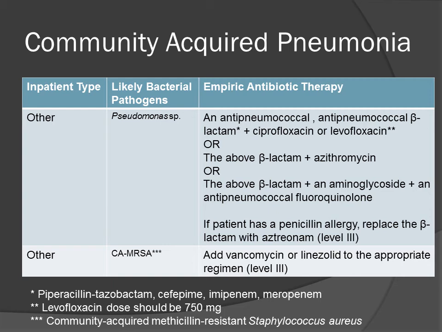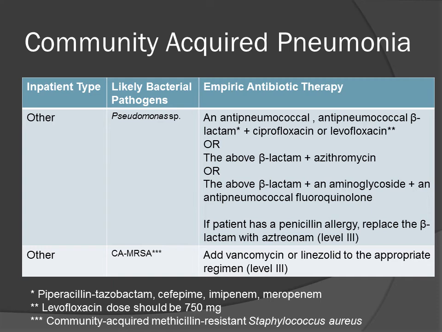So when we talk about that, we talk about using Zosyn, cefepime, imipenem, or meropenem, plus Cipro or Levaquin, or plus azithromycin, or plus an aminoglycoside and an anti-pneumococcal fluoroquinolone, like Levaquin or moxifloxacin. If the patient has a penicillin allergy, you're going to want to replace the beta-lactam with aztreonam.